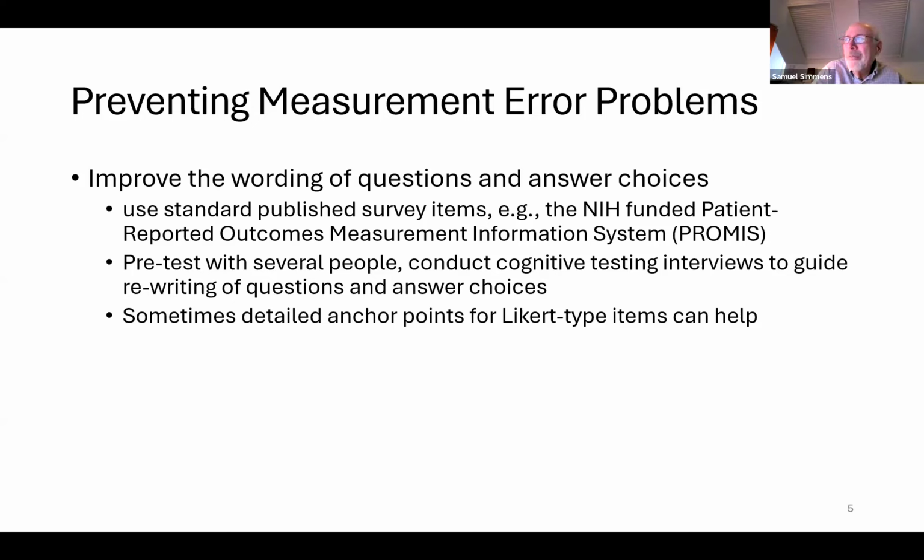There are formal procedures for modifying test items called cognitive testing. Please don't ask me any questions about cognitive testing. I'm a statistician. Cognitive testing is not part of my experience or training, but there are people who are very familiar with those techniques.